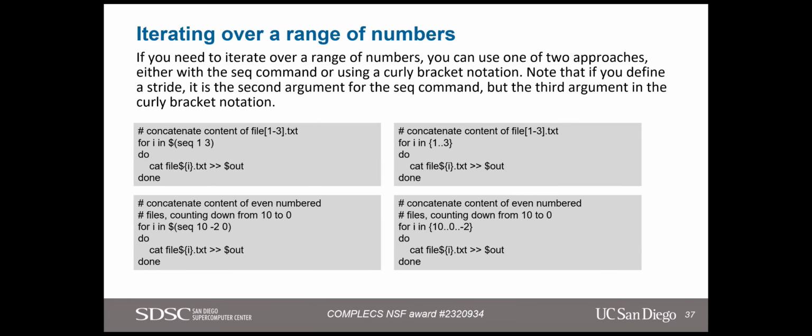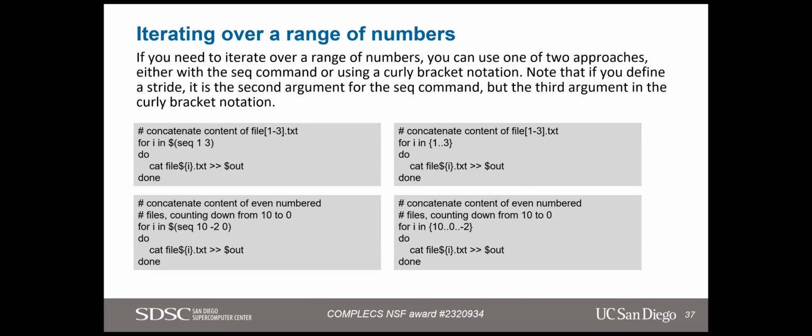You can also iterate over a range of numbers, and this is going to be our for loop. You can either use the seq command or you can use curly bracket notation. Within these, you can also define a stride. Depending on which notation you're using, the stride is going to be in a different position.